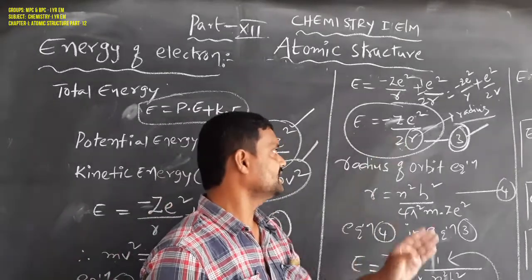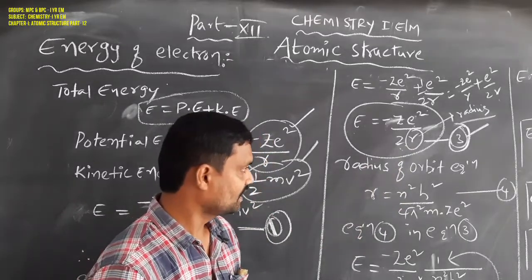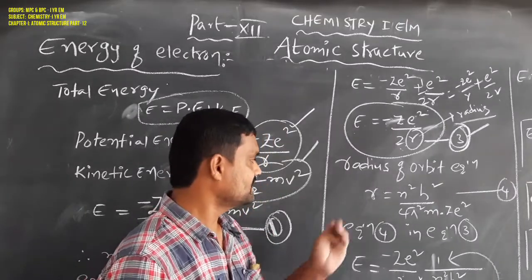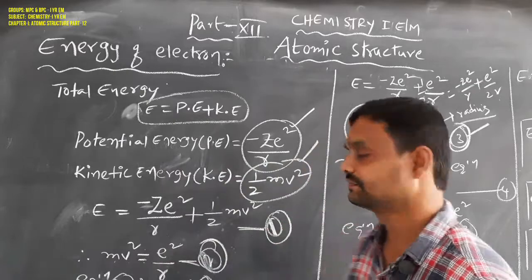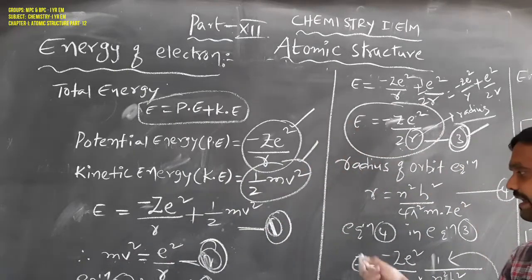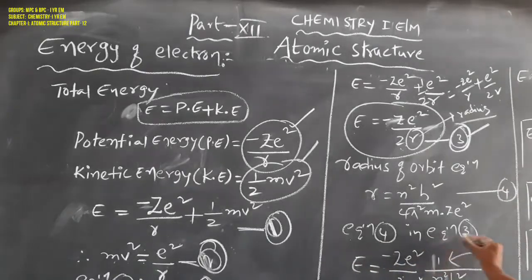And in equation 3, the radius of orbit r is present. In equation 4 the r value is also present. That means equation 4 is substituted in equation 3.